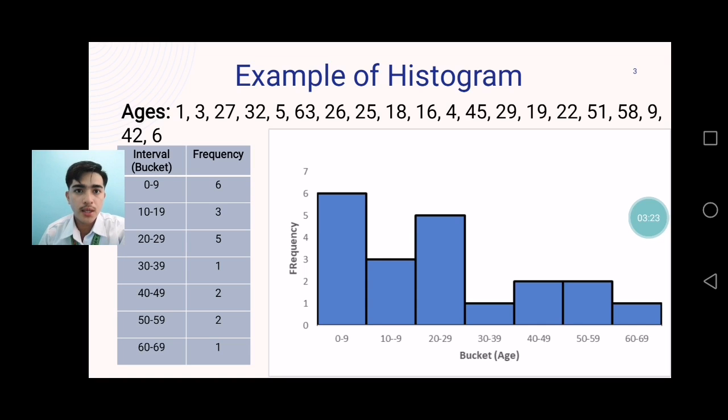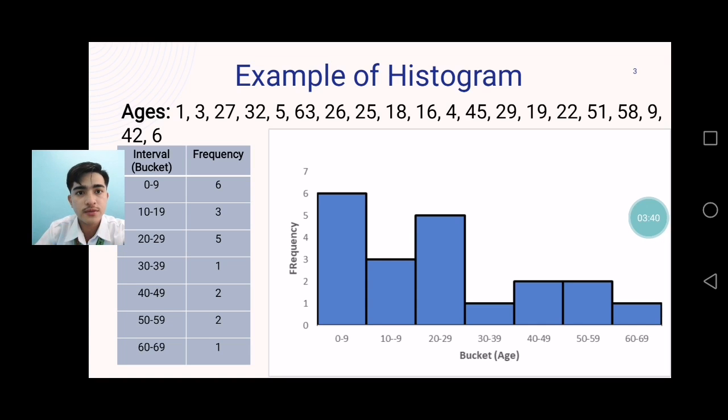To formulate a histogram, you label the vertical line as the frequency and the horizontal line as the age bucket or the interval.